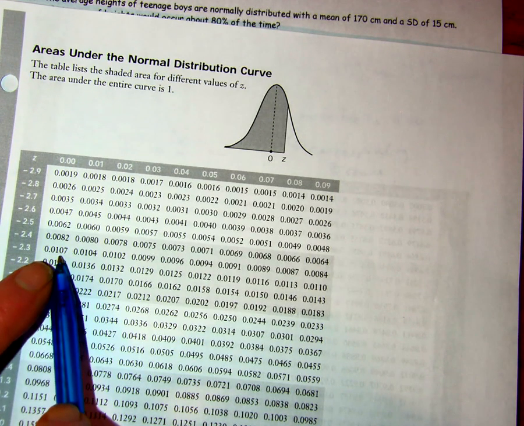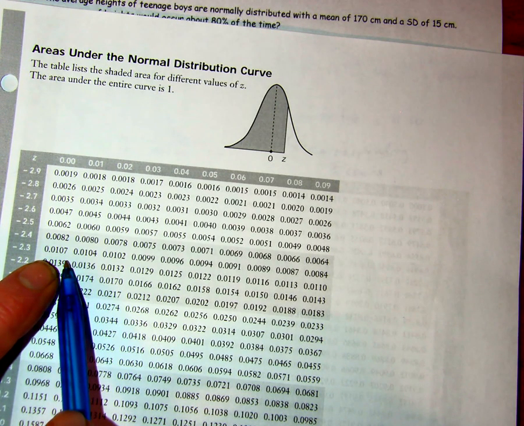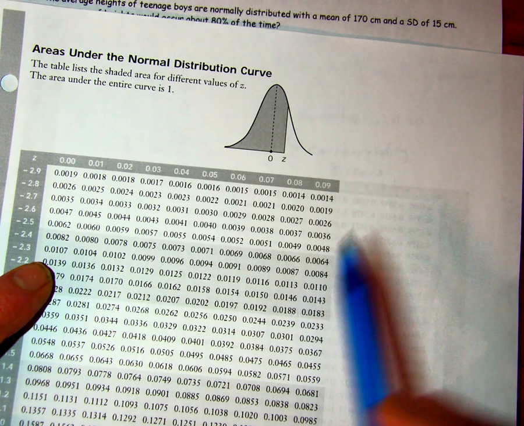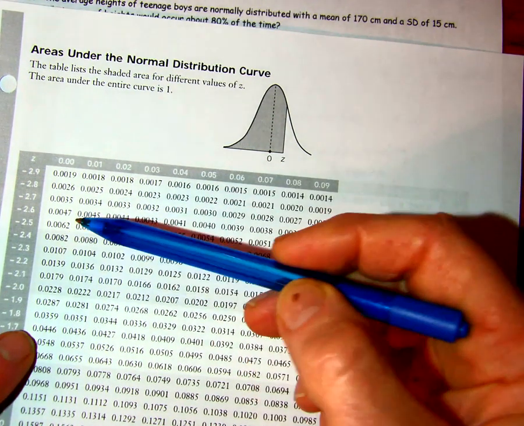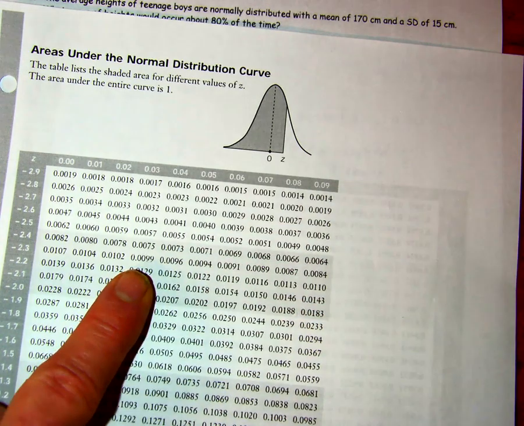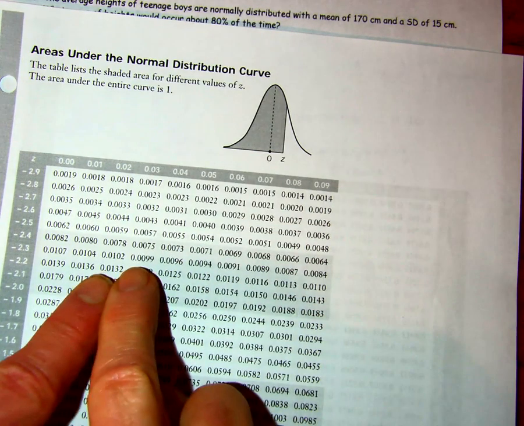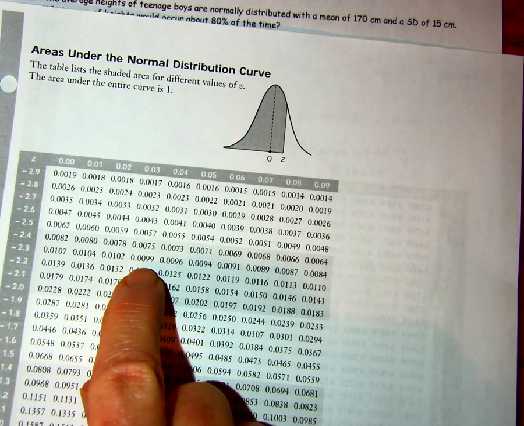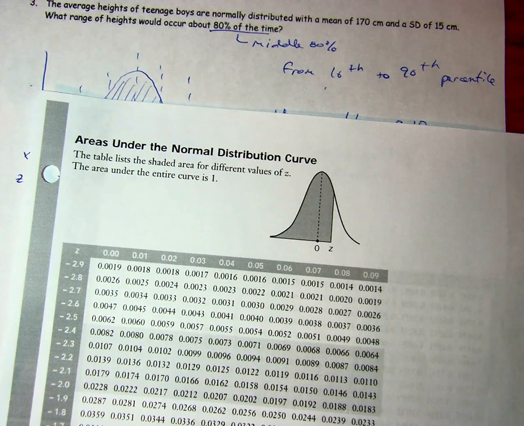Is that the closest one? Oh, right here. Which one are we going to choose, minus 2.32 or 2.33? What am I doing? 0.10. In my notes I got minus 1.28.